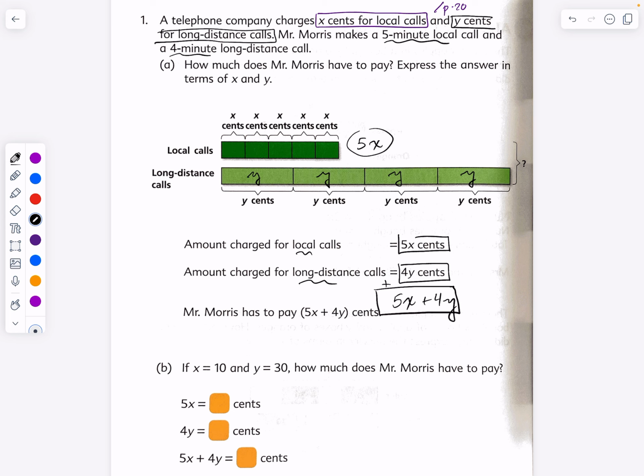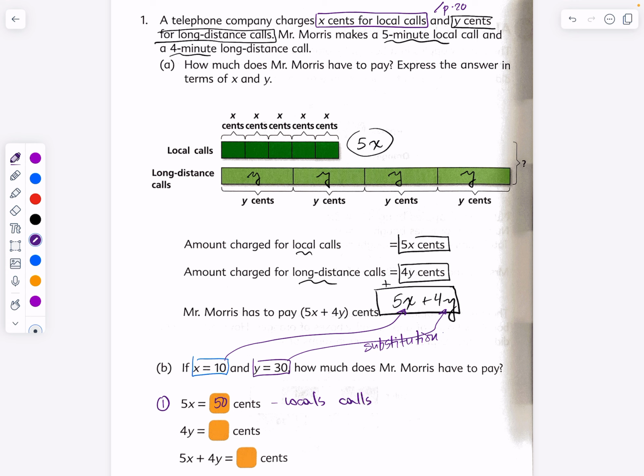Now, the interesting part. If the cost of a local call is 10 cents and the cost of a long distance call is 30 cents, how much does it cost? We use substitution. We've seen substitution in our first few lessons. We substitute the value in place of a variable. So step 1, 5x is equal to 50 cents, and that's for local calls.